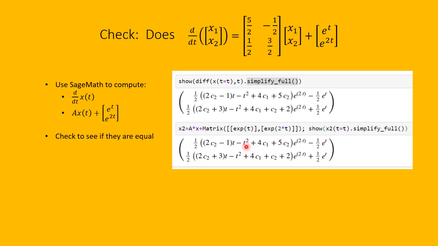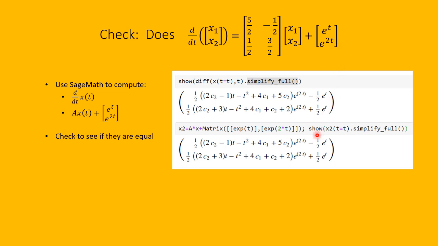For the right-hand side, let's look at this command. X sub 2 is a times x, and a, remember, was already inputted as this matrix, plus the vector e to the t, e to the 2t. So a times x plus this vector right here.